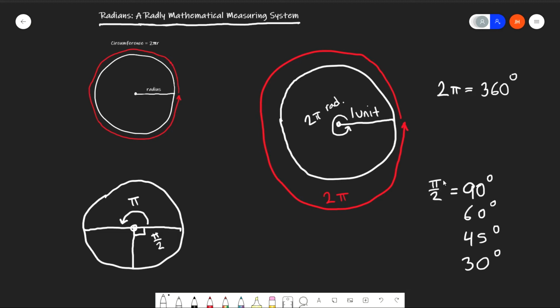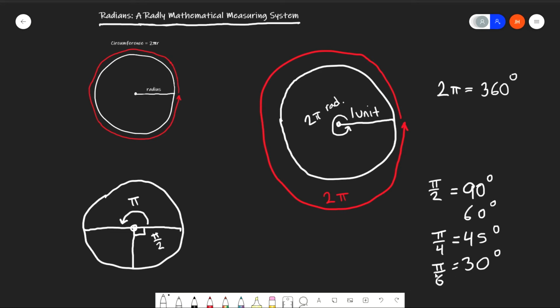Well, from that, we could figure out what 45 is, because 45 is half of 90. Half of pi over 2 would be pi over 4. Okay. What about 30 degrees? 30 degrees is 1/3 of 90. So in order to get 30 degrees, I would need to do 1/3 of pi over 2, which would be pi over 6.